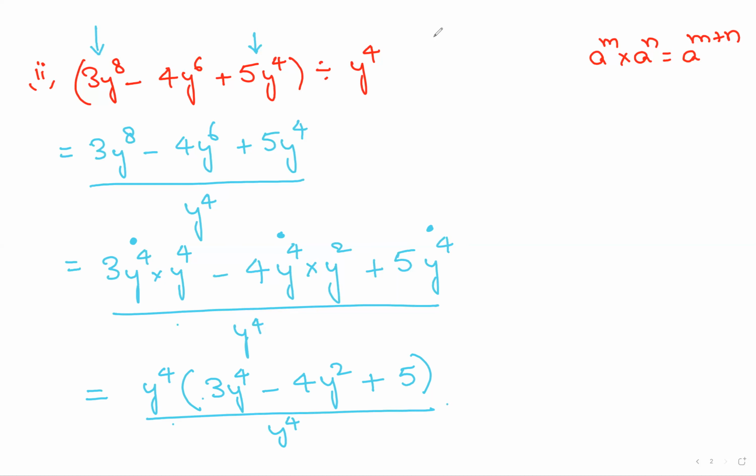What can I do now? y to the power of 4 divided by y to the power of 4 is 1. Therefore, what is left out? 3y to the power of 4 minus 4y square plus 5. Is it clear to everybody? Is it clear? Okay, good.